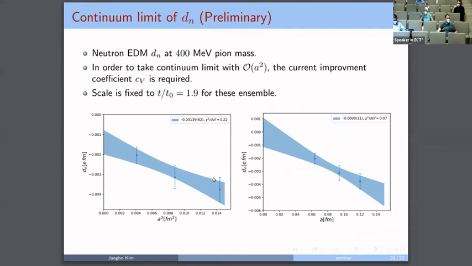That's really important. There are also large errors. With such a huge continuum extrapolation effect, to get the right answer, it's clearly very important to do this. But we also have to do this because we want to constrain the EDM to be zero in the chiral limit. That's important to check.